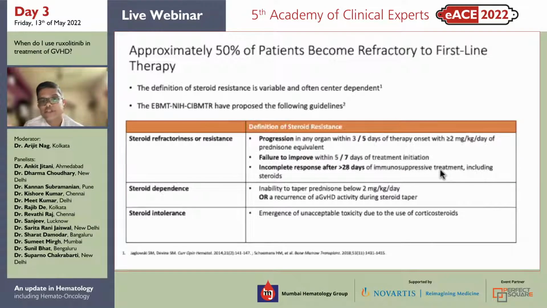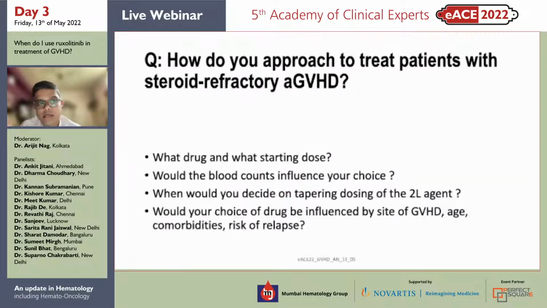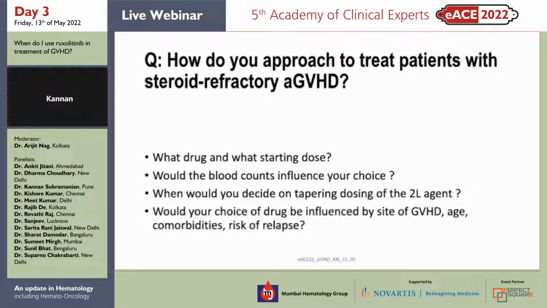I won't go into the definitions, but what starting dose would you consider? Okay, so for a steroid refractory GVHD, obviously nowadays we are going towards Jakavi, predominantly Jakavi, as our first preference.